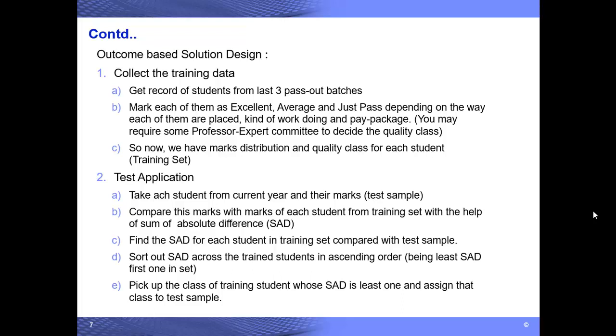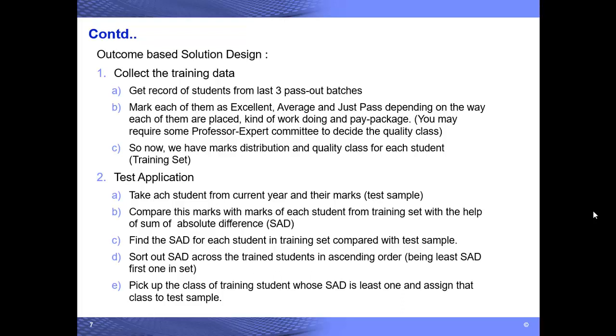You may require a professor or expert committee to decide the quality class. Okay, so now we have a marks distribution and quality class for each student, and that's nothing but the training set.